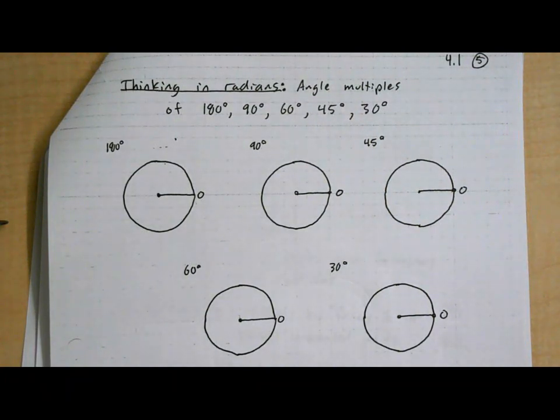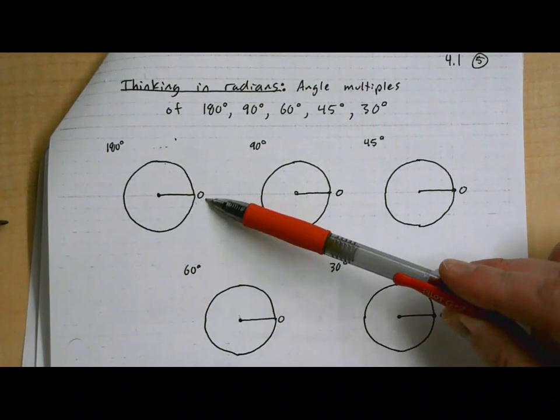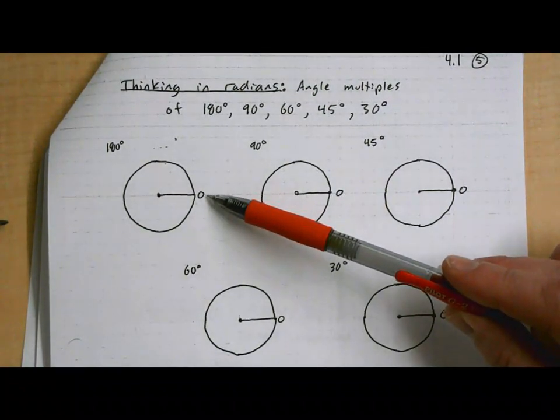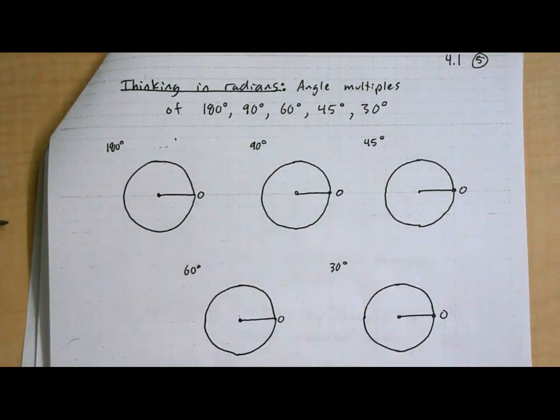It sounded like many of you had some exposure to the unit circle last year. Are you used to thinking of a 0-degree angle having the position of the positive x-axis? We're going to be getting into that in the next lesson. That's convention.